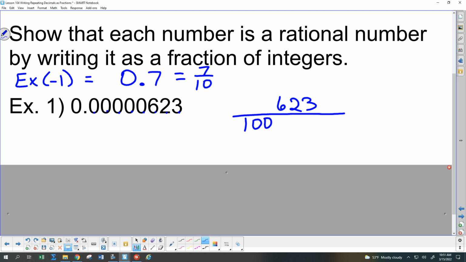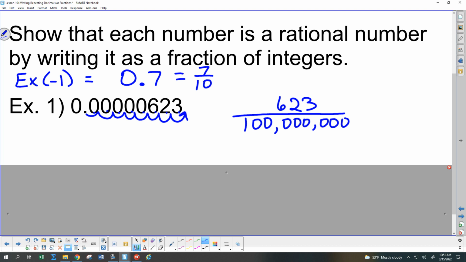And so I could say 623 100 millionths. That might be the hard way to do it. I could say, if I want the numerator to be 623, I need to move the decimal 1, 2, 3, 4, 5, 6, 7, 8 places.